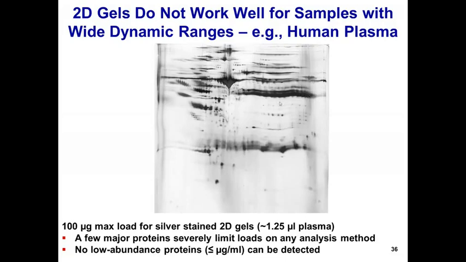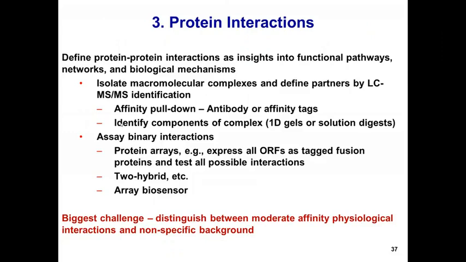This streak here, for example, is our immunoglobulins. These are the various heavy chains and the immunoglobulin light chains. So you get some indication of heterogeneity of some of the abundant proteins, but you cannot even see medium abundance, let alone low abundance blood proteins.